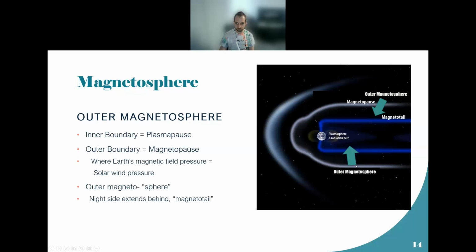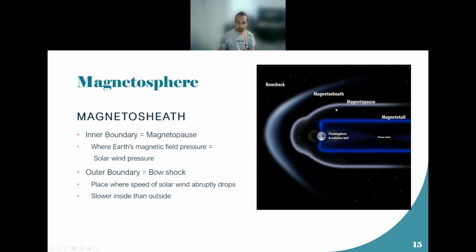That's what's physically important about that boundary. The outer magnetosphere is not a sphere. The night side extends back as a shape called the magnetotail, and the day side of the magnetosphere is compressed.